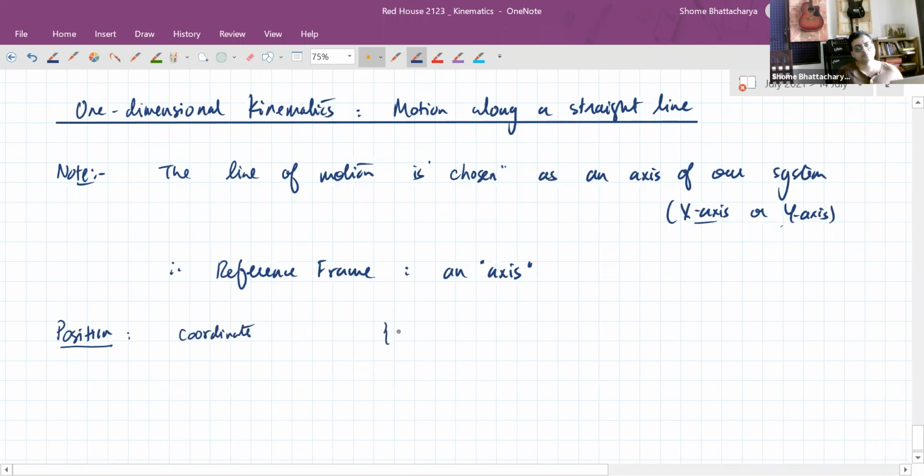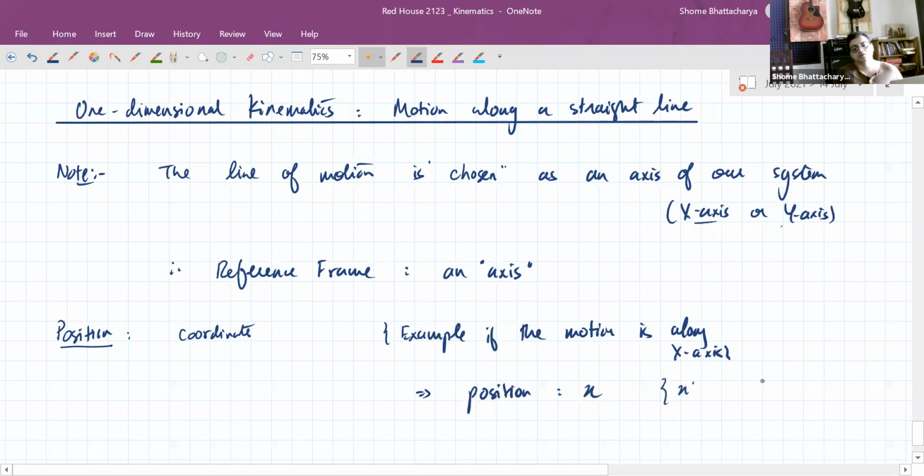For example, if the motion is along the x-axis, then the position is just described by the x coordinate. So x as a function of time is the instantaneous position.